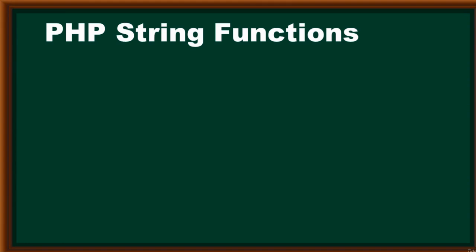I'm going to start with a function that will let you convert characters to lowercase, and the function is called the strtolower function. Let's take a look at an example.